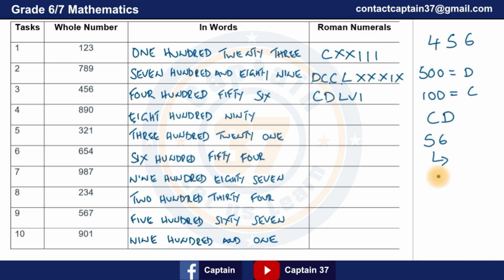In this 56, there is 50, which is represented by the letter L. What remains is 6, which is written as VI. So the letters we get are CD, L, and VI.